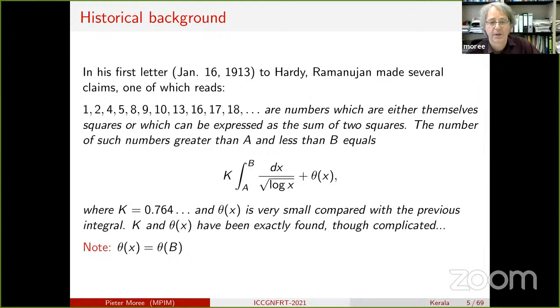Ramanujan is interested in counting those, and he claims a very precise formula for the number of integers up to a large number x that can be written as a sum of two squares.